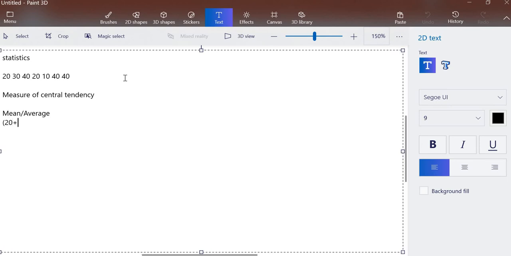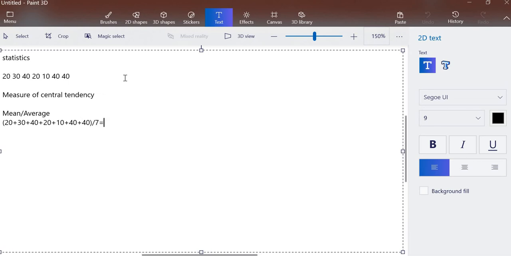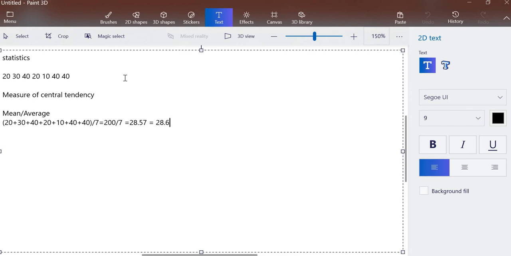So 20 plus 30 plus 40 plus 20 plus 10 plus 40 plus 40. So we sum up all of them and we divide it by the number of people, which is 7. So the sum is 200 divided by 7, which comes to around 28.57. So let's say in rounded shape, it's 28.6. So we can say that the age of the people around us is 28.6.